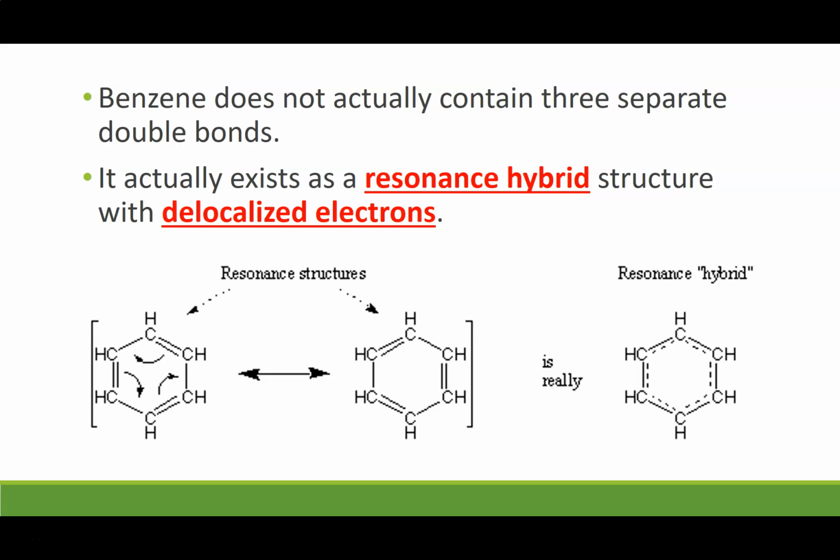It actually exists as a resonance hybrid structure that has delocalized electrons. This means that the electric charge of the electrons that make up the 6 bonds are actually evenly distributed, and they are not localized into single and double bonds as in the Kekule structure.